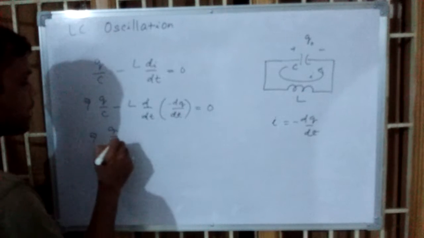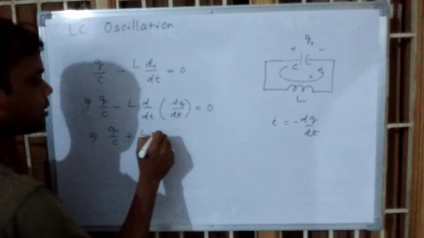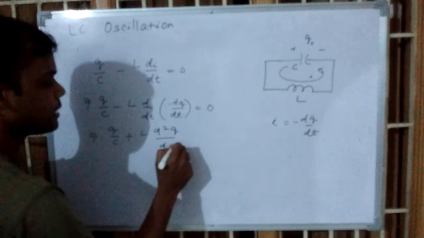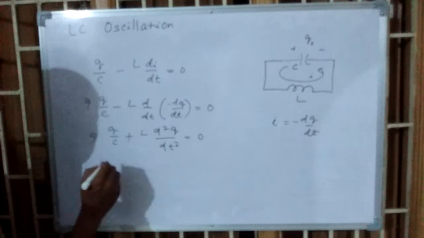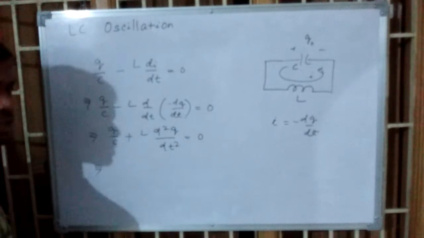Then Q by C plus L d square Q by dt square is equal to 0. Now divide L throughout the equation.